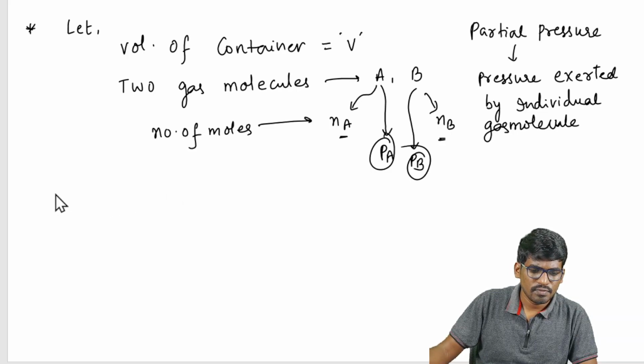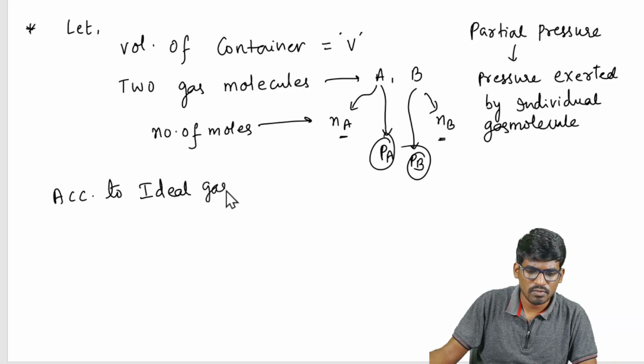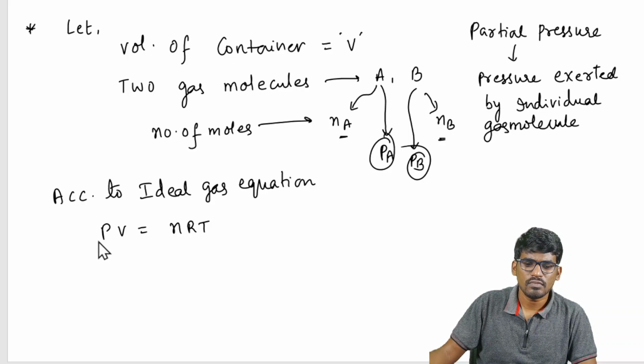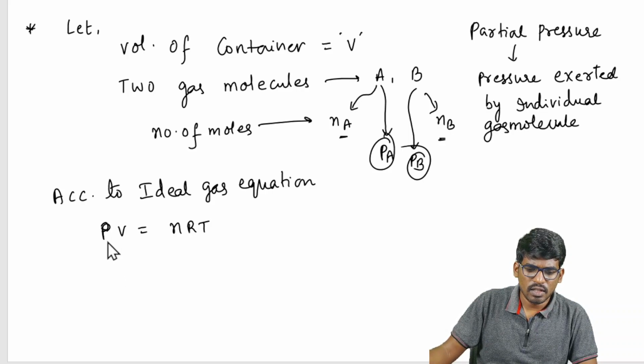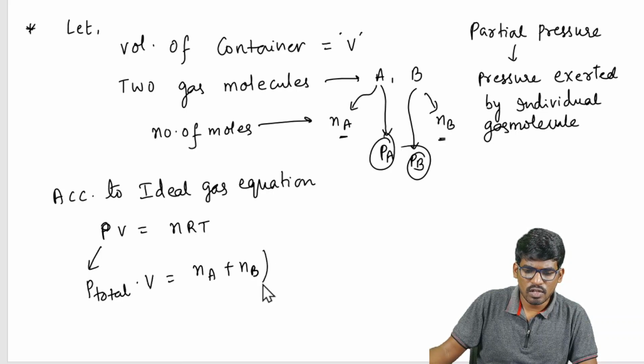According to the ideal gas equation, PV is equal to nRT. Here P is the pressure exerted by the total system, so P total into V is equal to the sum of the number of moles of both A and B, since I am considering only two gases, times RT.